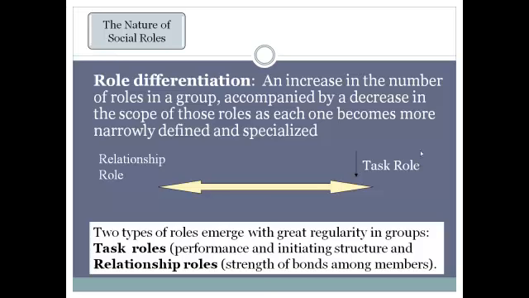One way to look at roles is in terms of a general categorization. You can categorize some roles as task roles and others as relationship roles. Task roles are involved in the performance of what the group actually has to do, the task of the group.